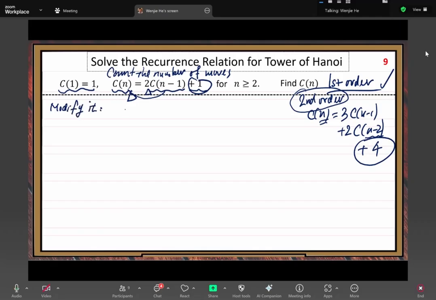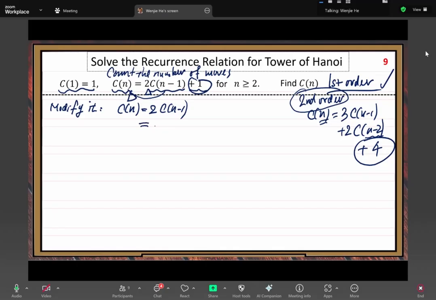Modify the original problem. Let us consider C of n equals 2 times C of n minus 1. Just drop the one. Do you feel this is much easier to solve by dropping that +1? Very easy. Why? Because the difference between two consecutive solutions, the counting number, is just multiplication by 2.